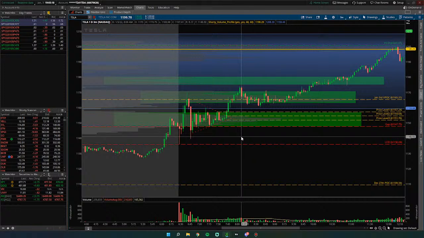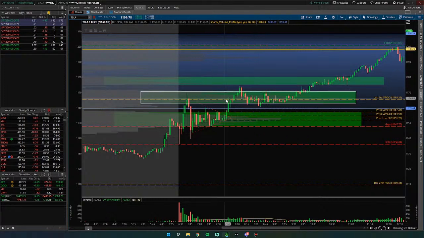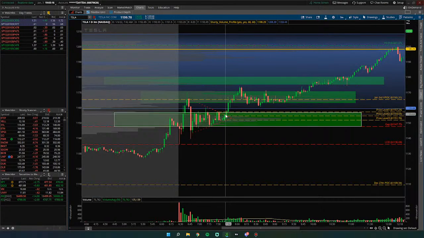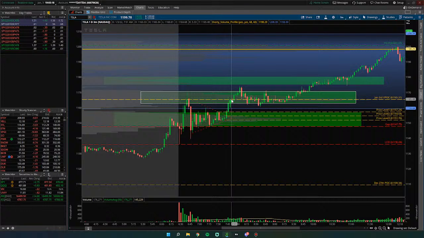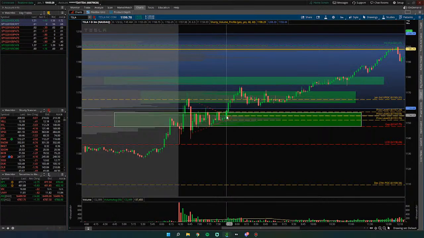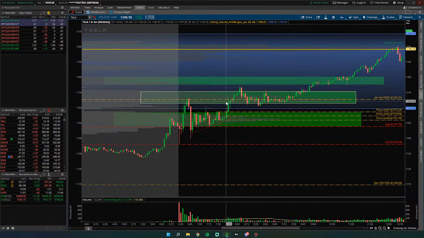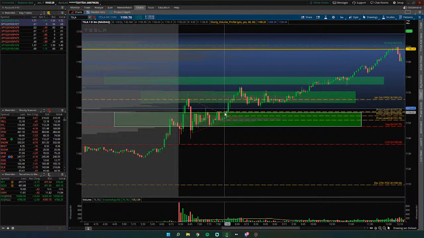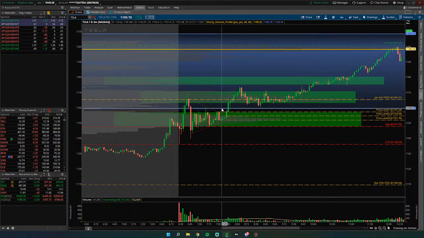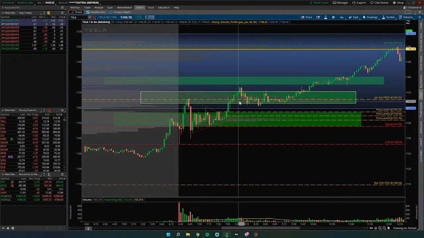You can also use fibs or whatever you like. I really just stick with the VPOCs because it's pretty safe to say that the stock will get pulled, especially such a short distance here on Tesla, 1157 to 1165. It's almost an $8 move. You're going to make good money.